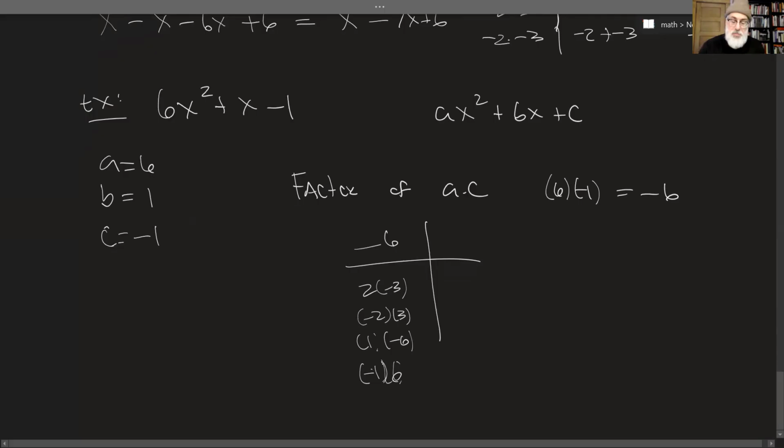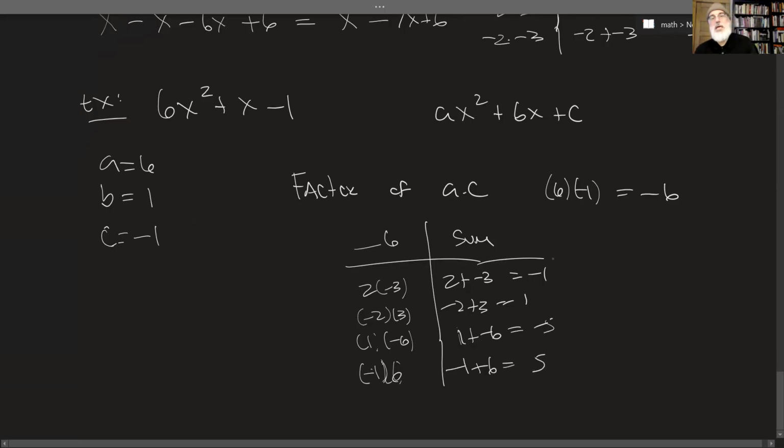So we're going to sum these. 2 plus -3 is -1. -2 plus 3 is 1. 1 plus -6 is -5. And -1 plus 6 is 5.